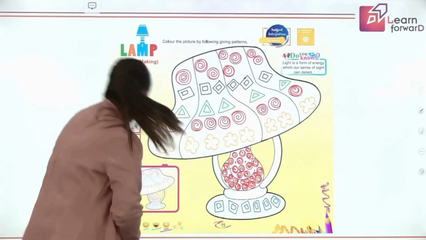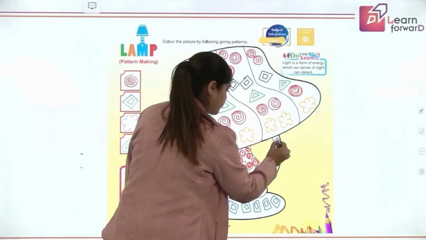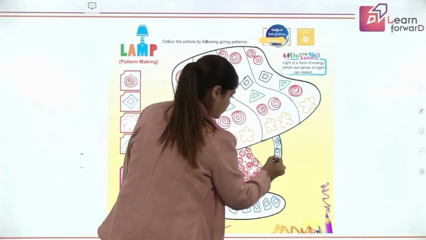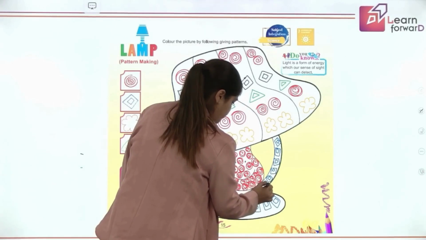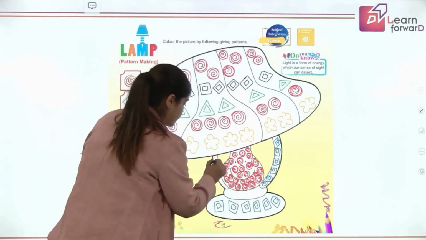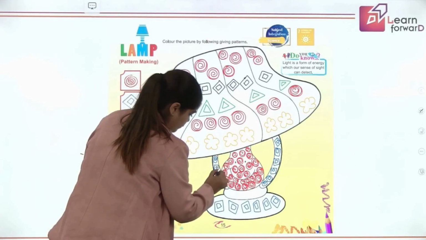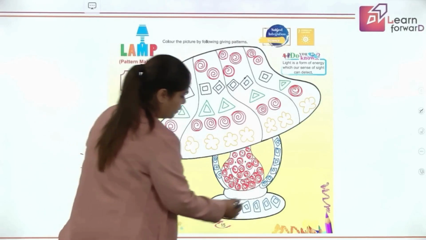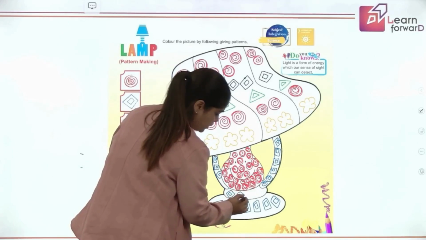Now for the arms, we have the square motif again. And now for the leftover area, we have to continue with the same pattern.